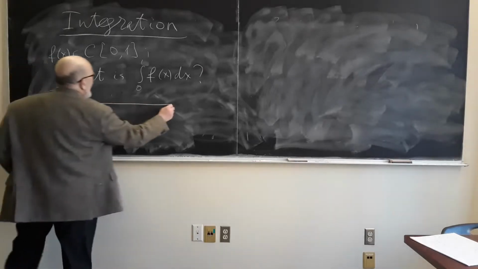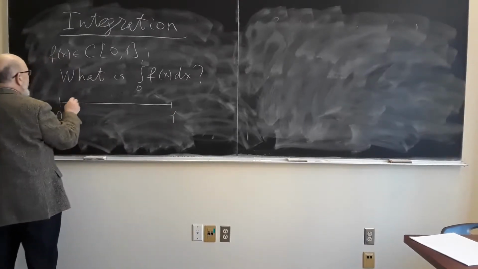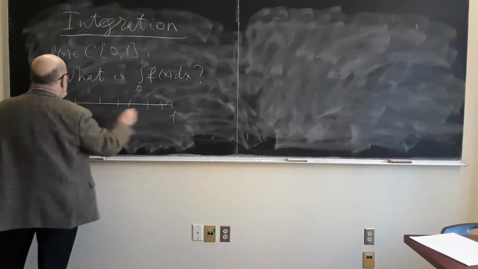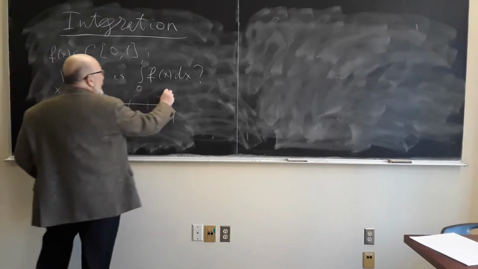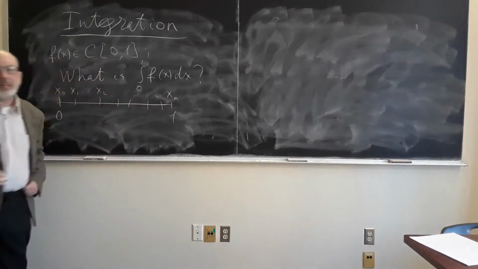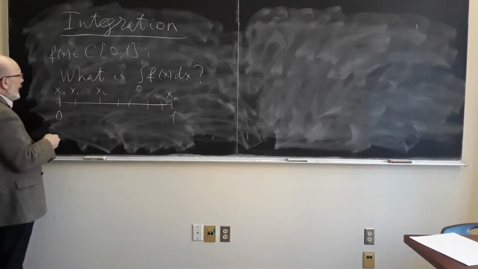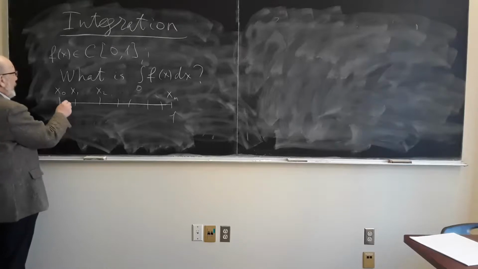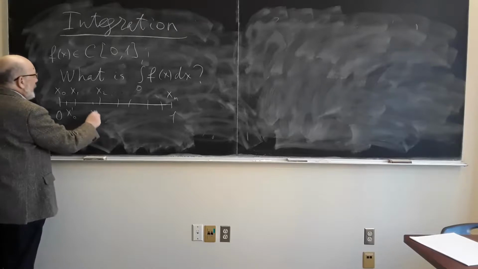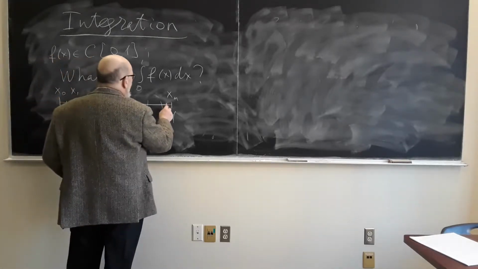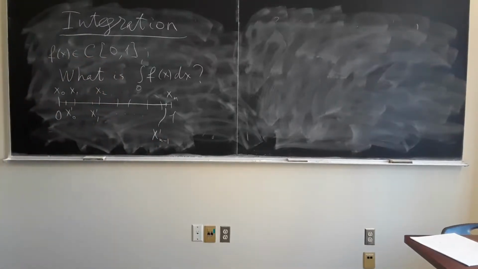Let us take our segment [0, 1], and let us define a partition of this segment by the points x0, x1, and so on up to xn. Now let us choose a point inside each of these segments: x0 prime, x1 prime, up to x(n-1) prime.